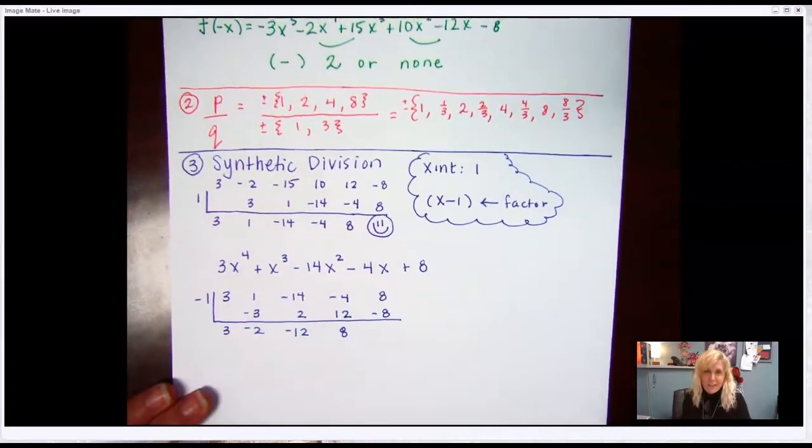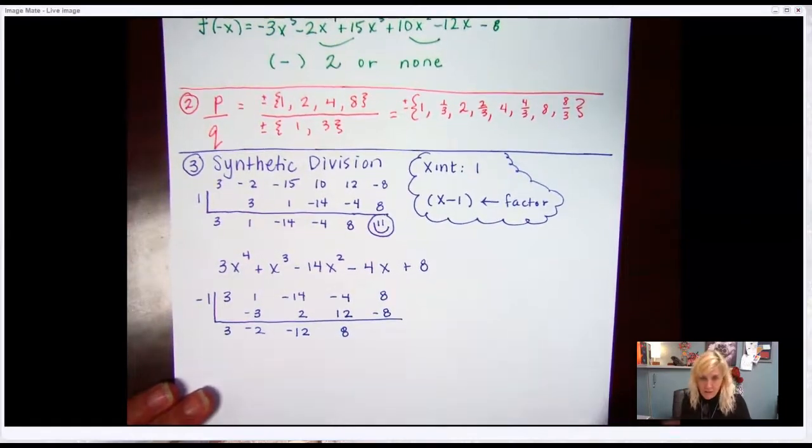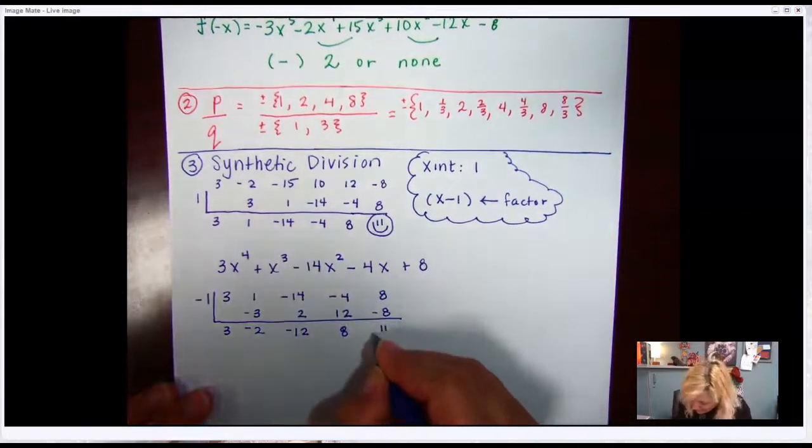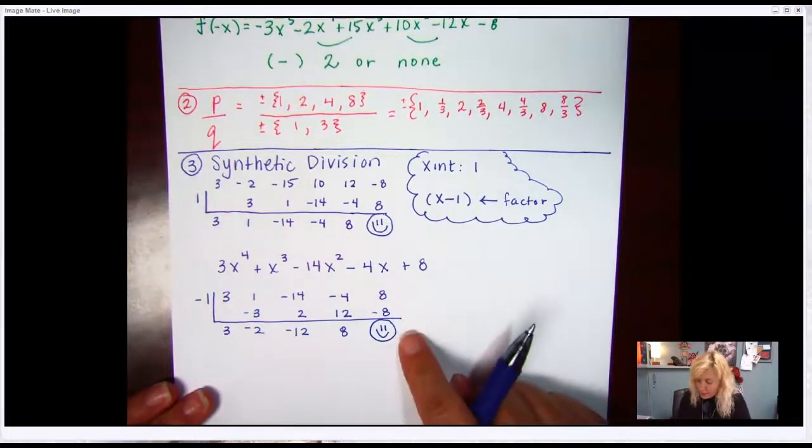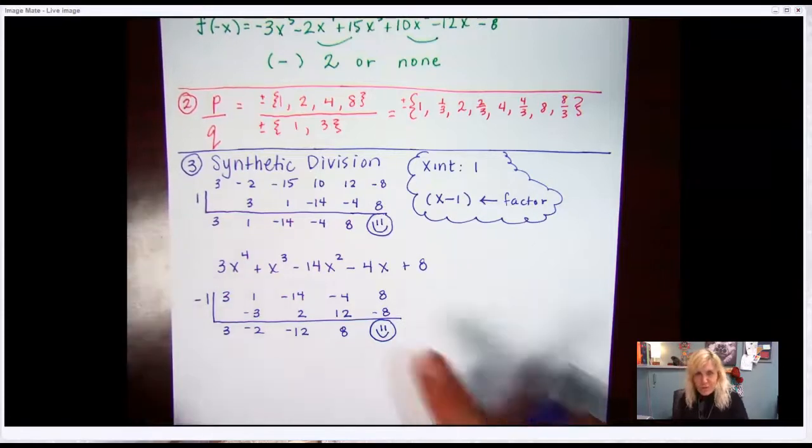And I did not get a remainder. I found another x-intercept. I got pretty lucky on this. Sometimes you do have to test a couple before you find one that does not have a remainder, but I lucked out. I found 2 of them on the first try.